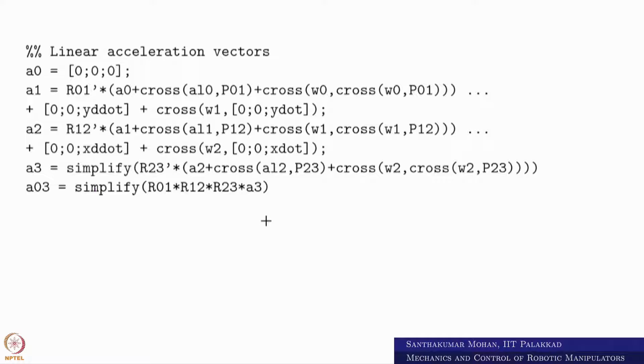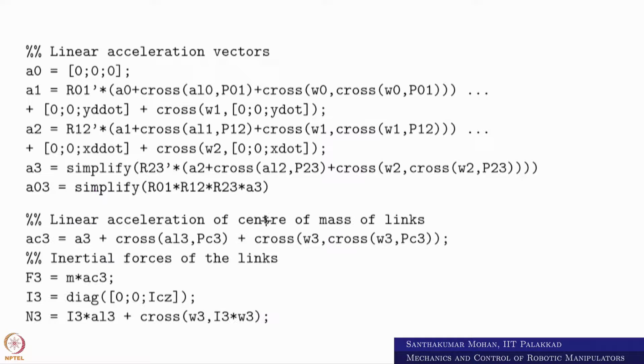Now coming back to the linear acceleration, which is straightforward, where you can do a1, a2, a3. Once you obtain that, you can go back to the centroidal linear acceleration of the third body. That is what we can do here, right? Now I hope that once you calculate the centroidal linear acceleration, what one can expect is the inertial force, right?